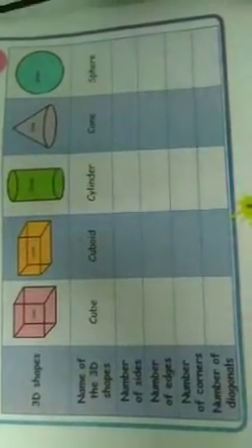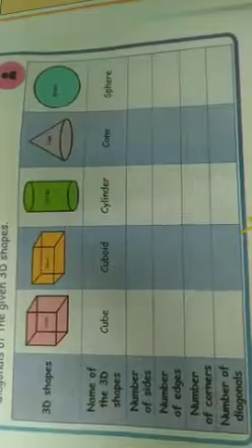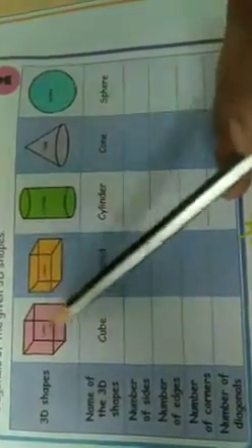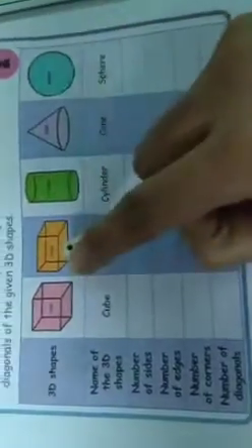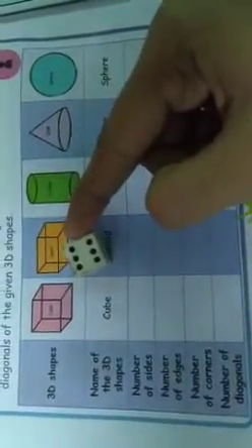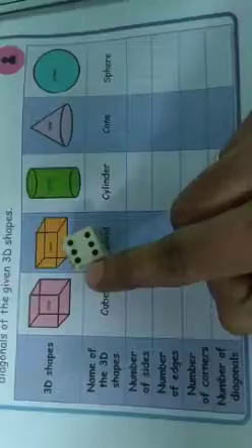Now you say the example of cube. You already learned in a previous class, no? What is the example of cube? Yes, dice. Dice is the example of cube. Now you count the number of sides. How many sides does a cube have? That is 1 2 3 4 5 and back side 6.